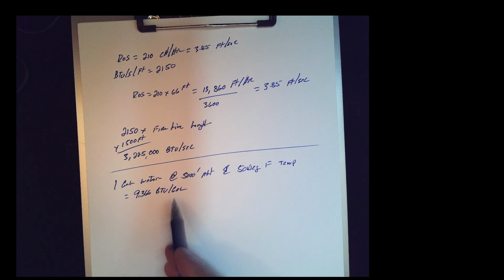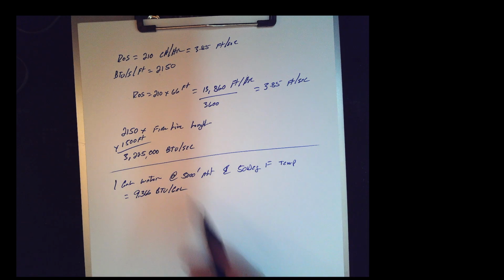Or if you're working with a 60 gallon per minute inch-and-a-half nozzle, it's 9,366 BTU per second, because 60 gallons a minute is 1 gallon per second.